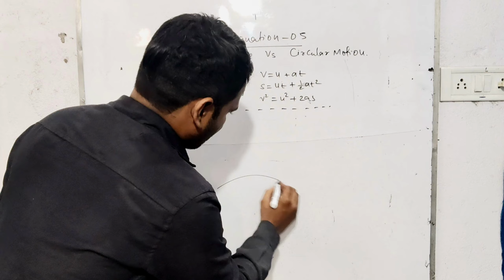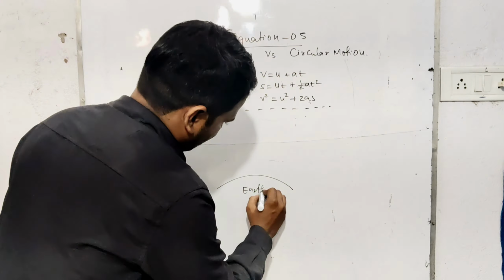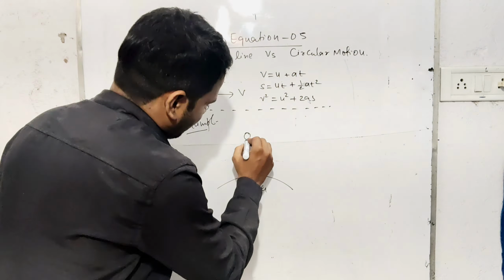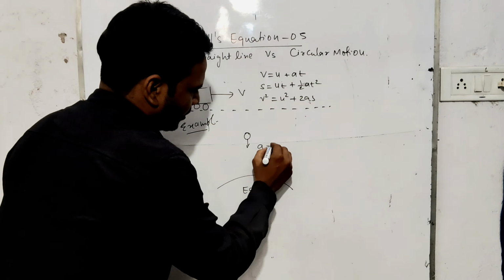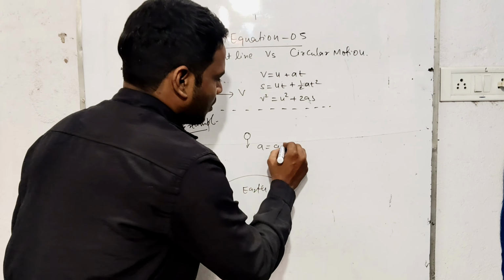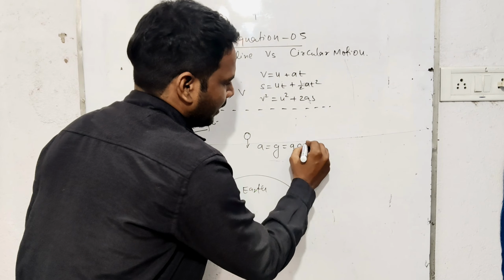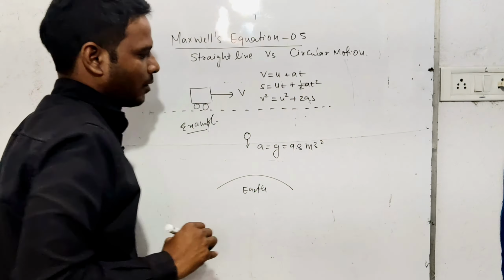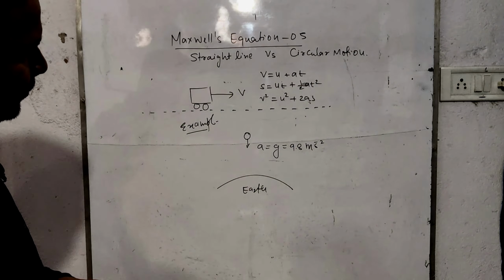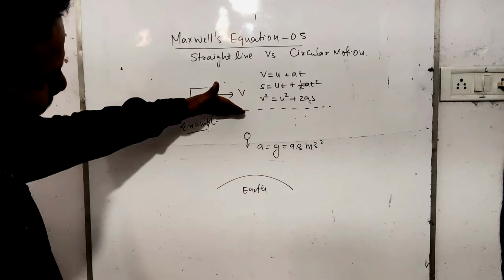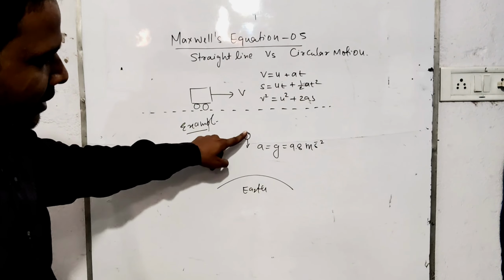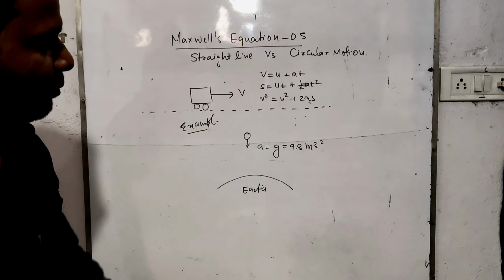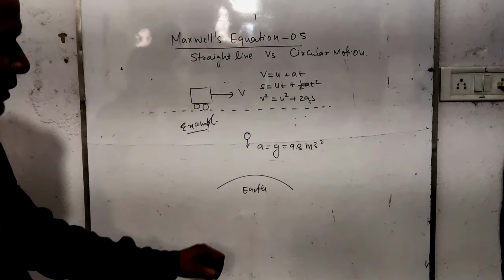The example is the earth. As you know, anything that falls to it falls with acceleration equal to g. g is a constant equal to 9.8 meter per second square. Whenever something drops, in 1 second the acceleration it feels is 9.8 meter per second square.